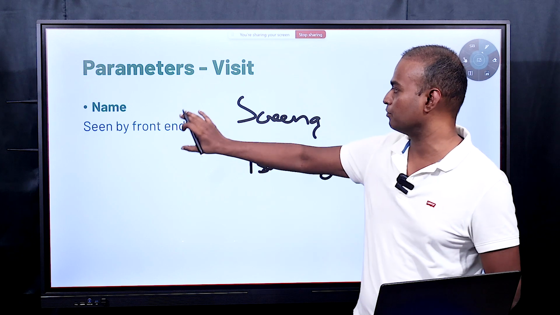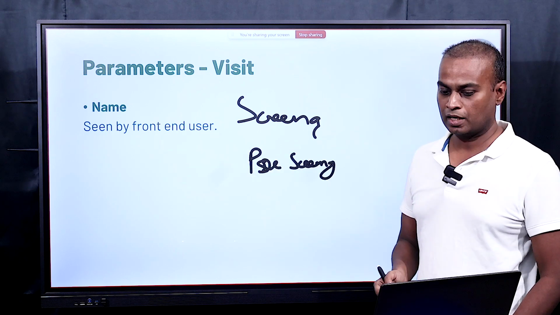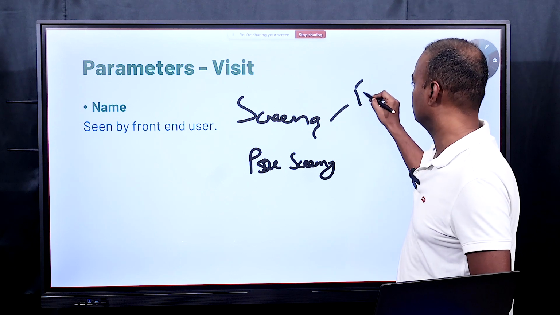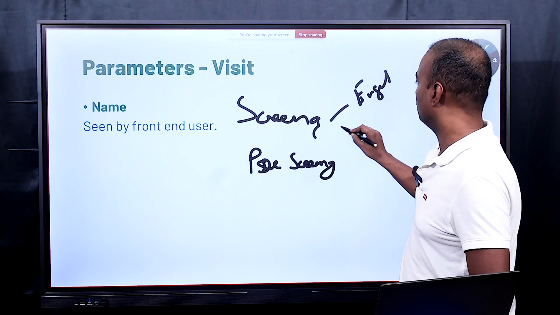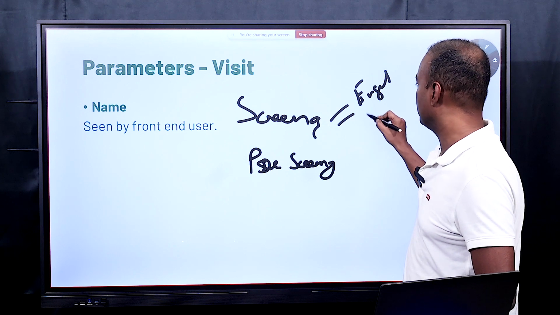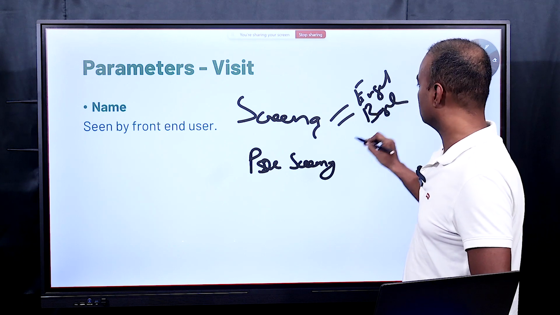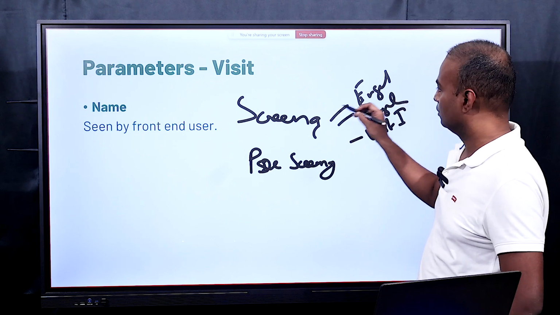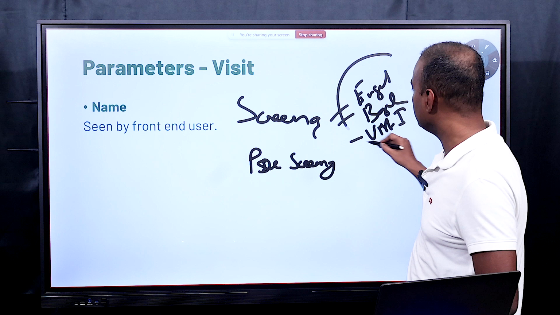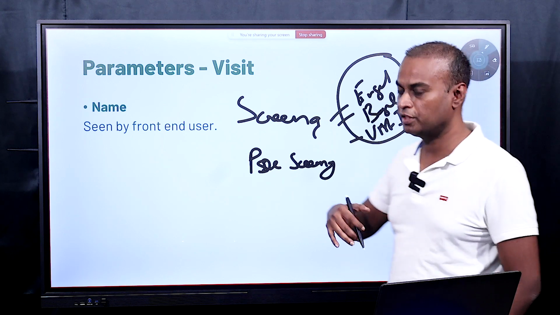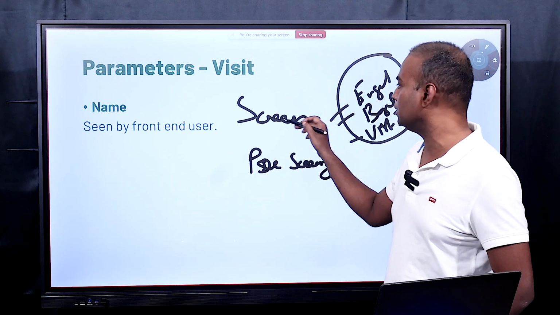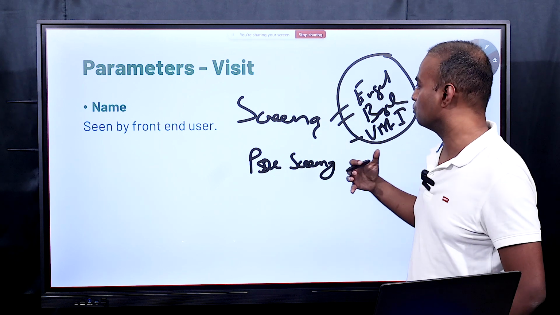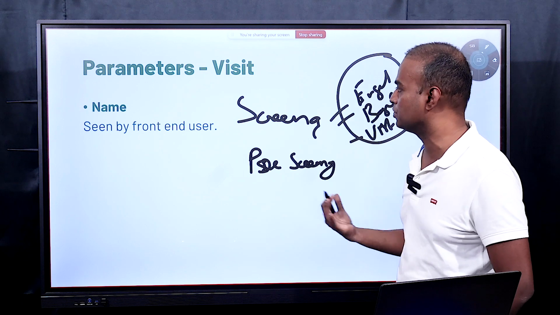How do we name it? From here. For example, I have seen some trials where they call screening as enrollment, or they call it a baseline visit, or they call it visit 1. This screening can be given any name. This name has to be displayed to the end user, not the internal name screening. That's how the system becomes the most flexible or configurable system.